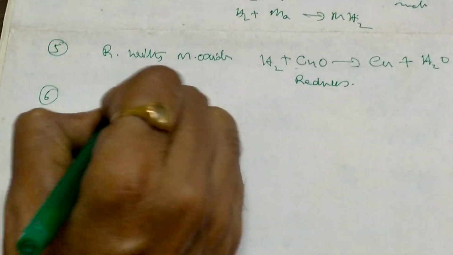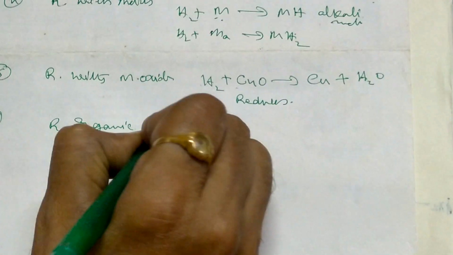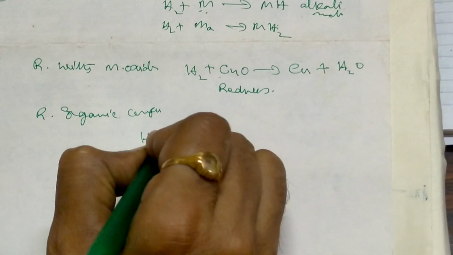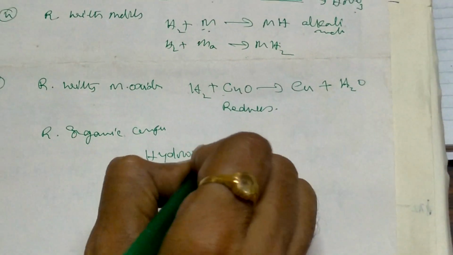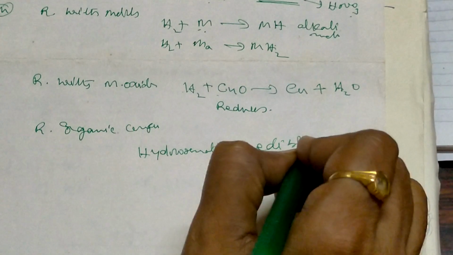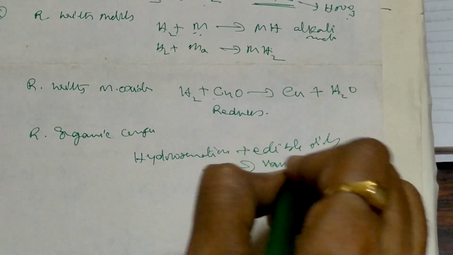Reaction with organic compounds. Hydrogenation of edible oils gives vanaspati, a very important one.